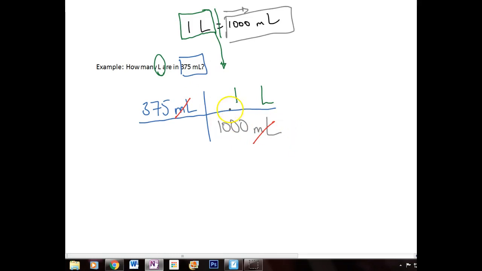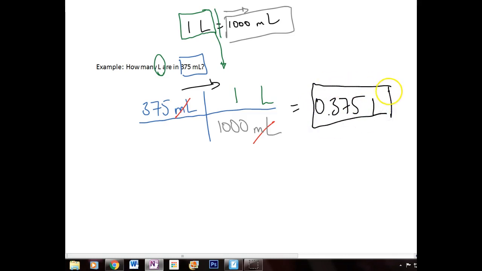And once again, I'm going to do my mathematical operation. I'm going to multiply across the top and divide by the bottom. So 375 times 1 is obviously 375. 375 divided by 1,000 is going to be 0.375, and my unit is liters. And that's how we do conversions between liters and milliliters, milliliters and liters, and use graduated cylinders.